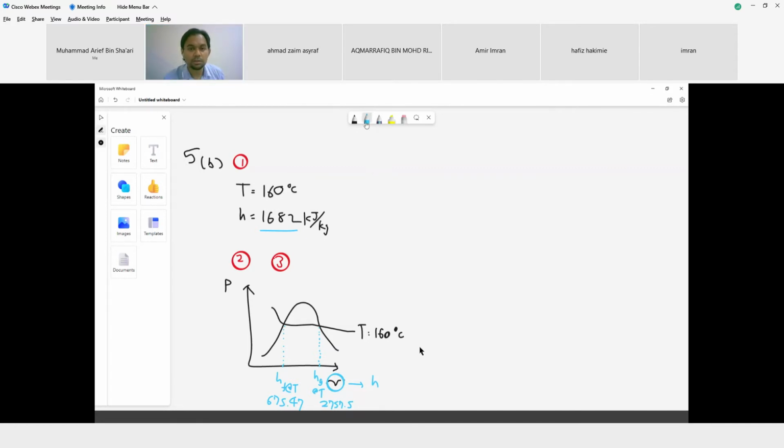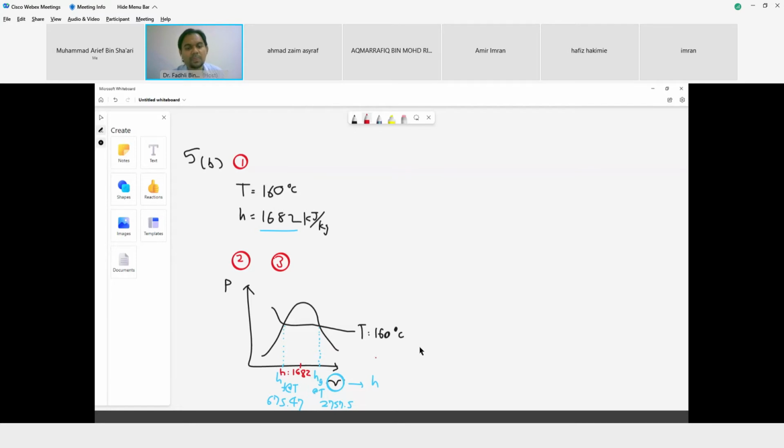Now we know the point of 1682 is somewhere here. We can assume somewhere here, as long as in between both values 675 and 2757. This is 1682, the H that is given to us.